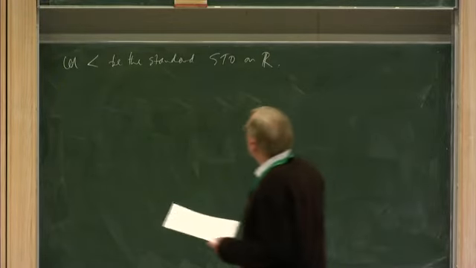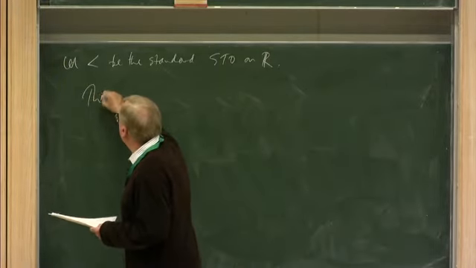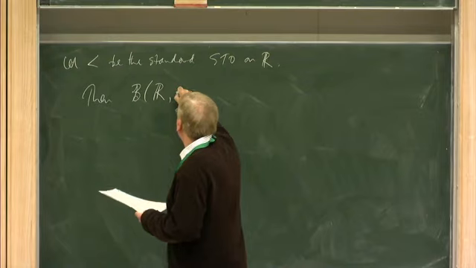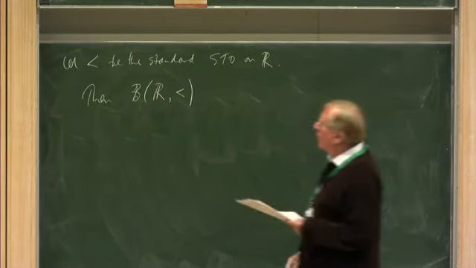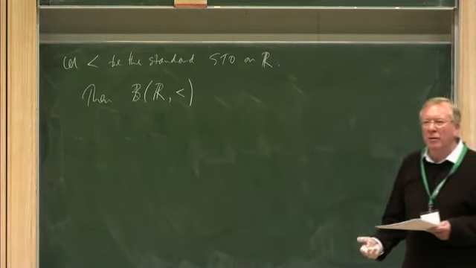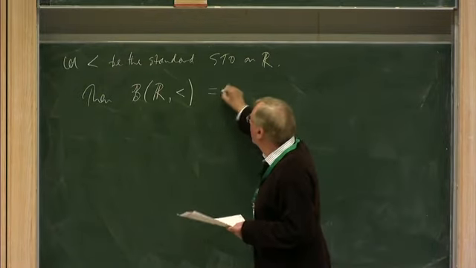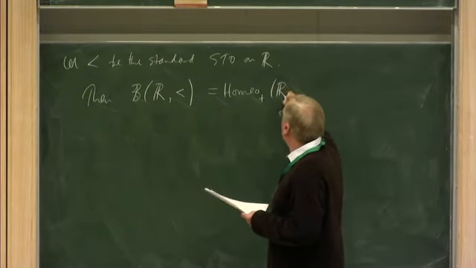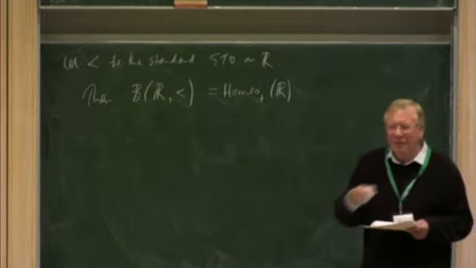Well then, in fact, the order preserving bijections just have to be homeomorphisms. And so this is actually just the orientation preserving homeomorphisms of R. That's another exercise.